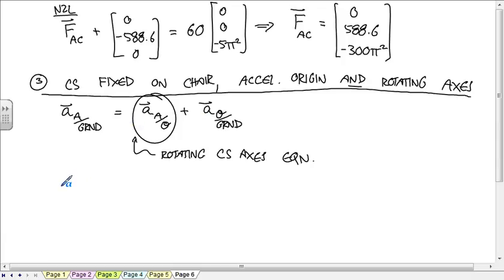So the acceleration of the astronaut, we're getting this piece.